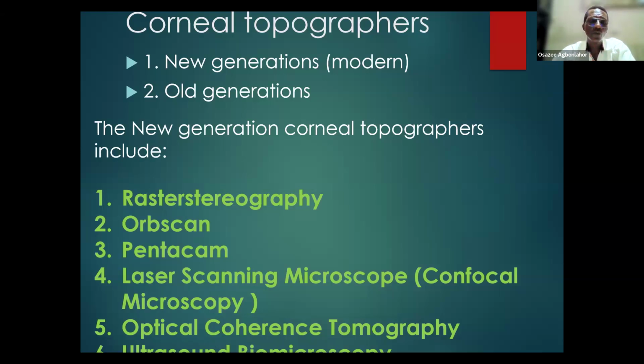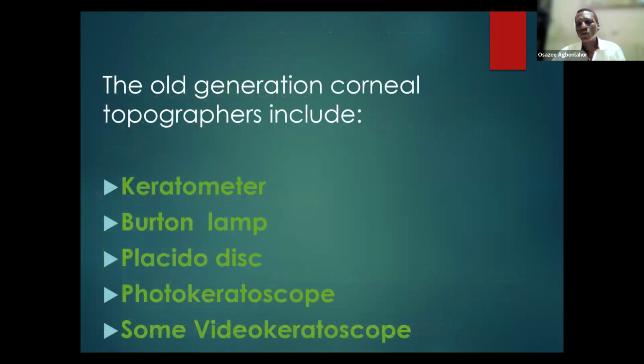It gives you global curvature and thickness, and also localized thickness, particularly the Opto View. Not all OCTs do that. Some don't give you that information, but the one I have worked with gives you localized corneal thickness as well as global corneal curvature. The old ones include the keratometer, your Placido disc, which is similar to your keratoscope, like I showed you earlier.